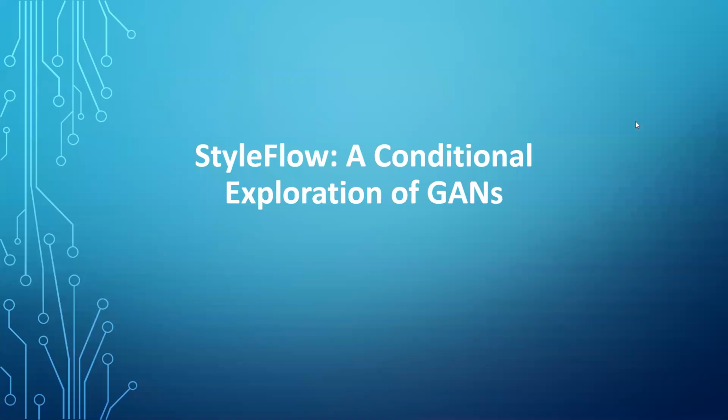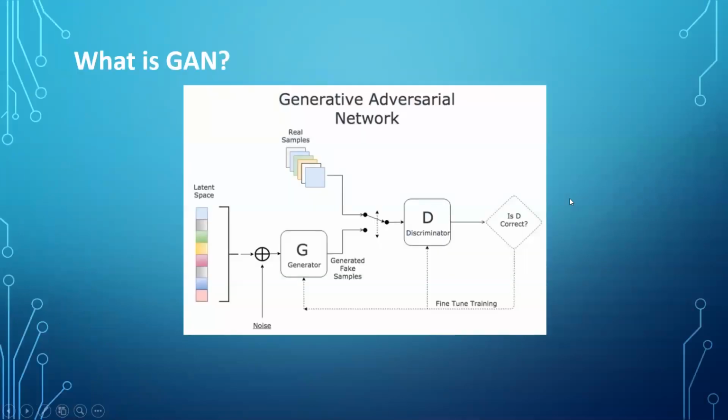Okay, so as we were saying, we'll be talking about StyleFlow, and first we'll start with what GANs are. GAN is basically the short form of Generative Adversarial Network, where in this model there are two components. One is the generator and one is the discriminator.